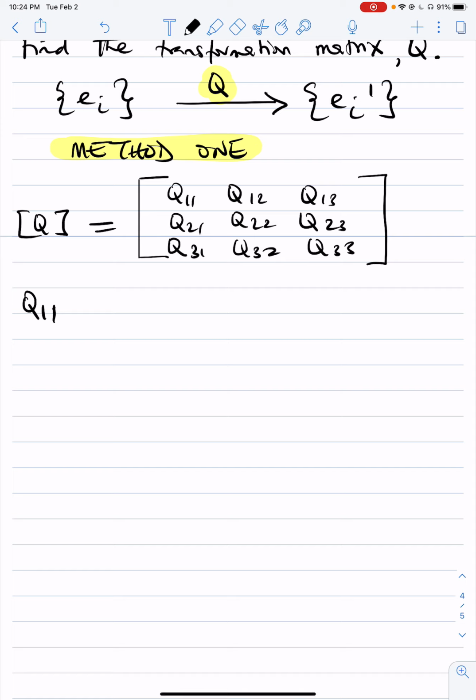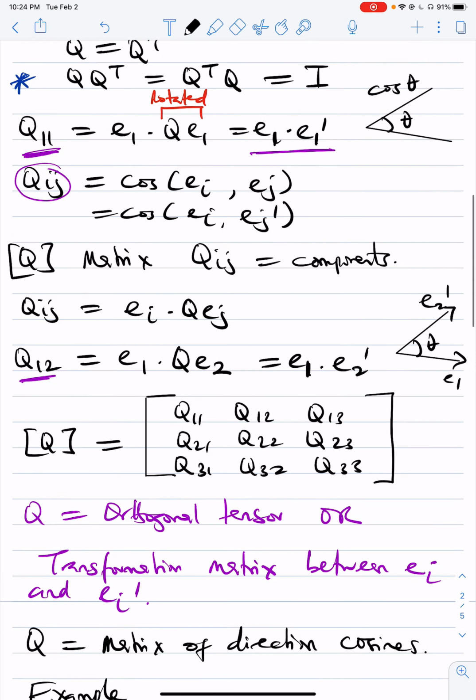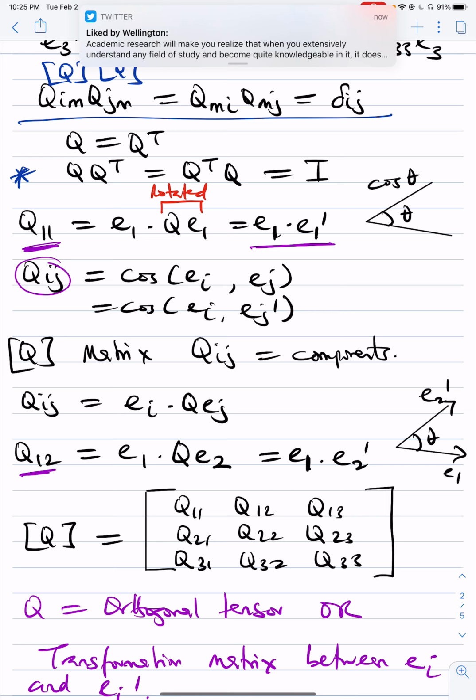Q11 is cos of E1 E1 prime. Now, just in case you are wondering why I'm writing that, if you remember this point here, how did we get this? If you look at Q11 here, Q11 is equal to E1 dot Q. You're going to be multiplying the original coordinate system, let's say unit vector E1, dot the rotated component.